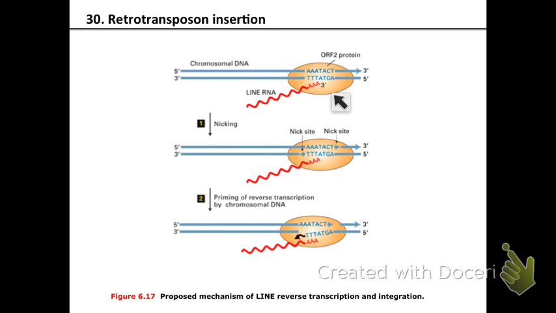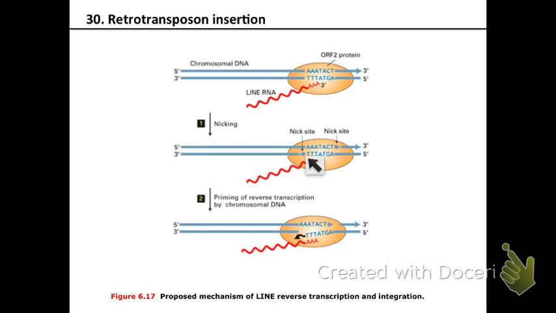Okay? So the first thing that happens is the retrotransposon gets transcribed, right? And at the end of transcription, it gets polyadenylated, just like any old mRNA. And it has a number of A's at the end, right? So the ORF2 protein takes that RNA, the LINE RNA, and goes to the target site and matches a stretch of T's to the A's and creates a cut that is again staggered, so it makes nicks on 2 ends.